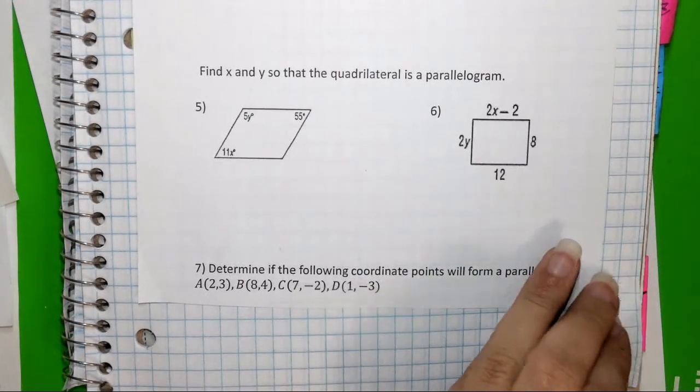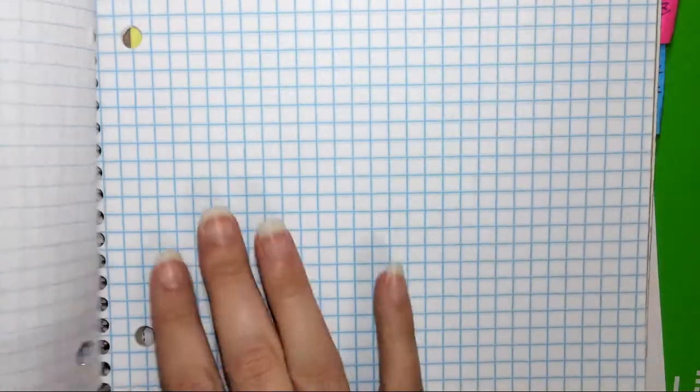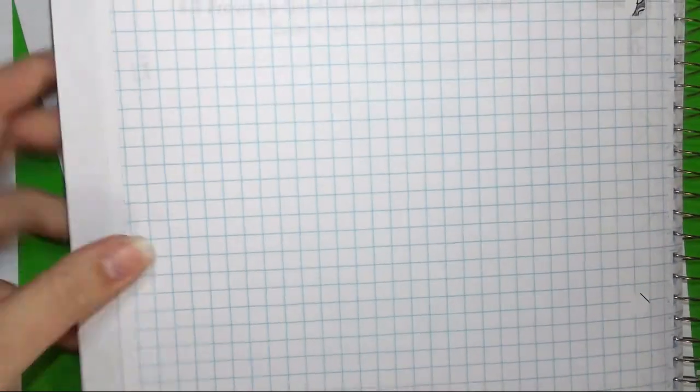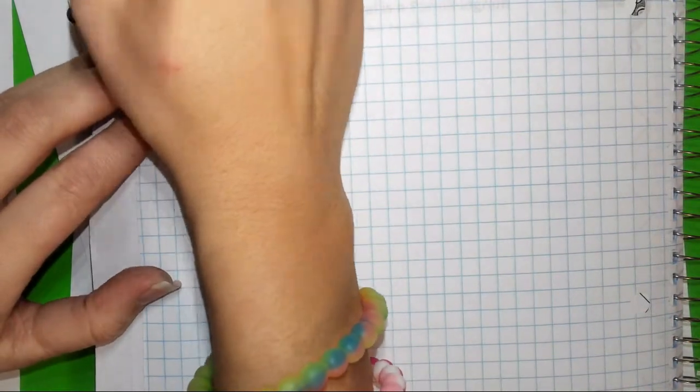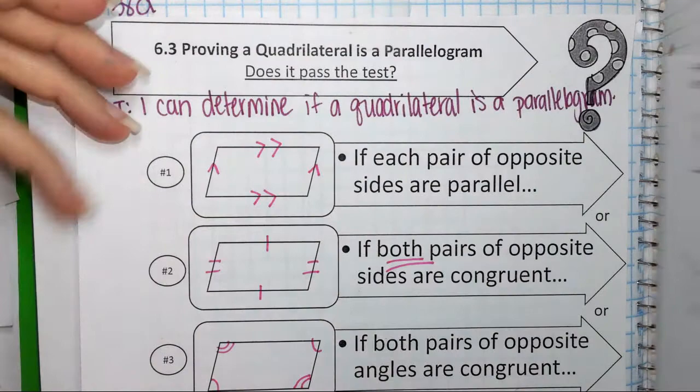All right, go to 38C. Let's make it. I'll write the coordinates down so you don't have to keep flipping back and forth, okay? All right, so A is 2, 3.